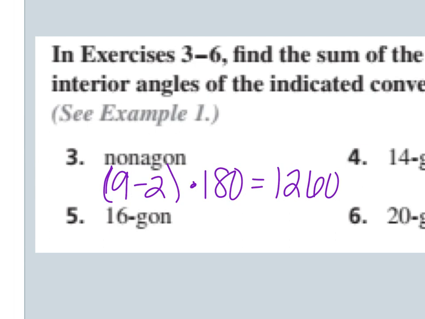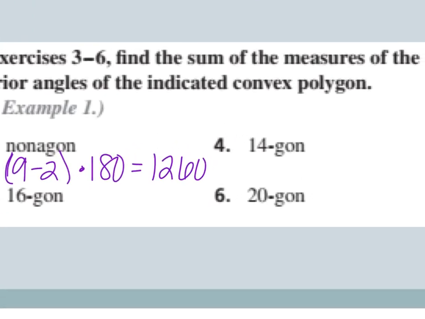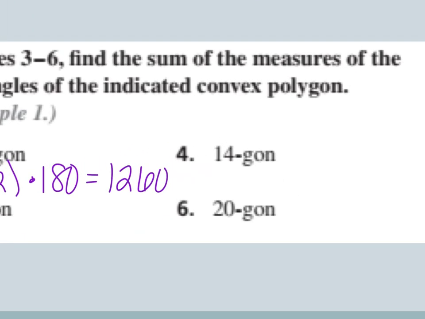I don't remember exactly where I left off with this slide, but we plugged in the number of sides, minus 2 times 180 equals 1260. And if I go over here to the 14-gon, I know the number of sides is 14.